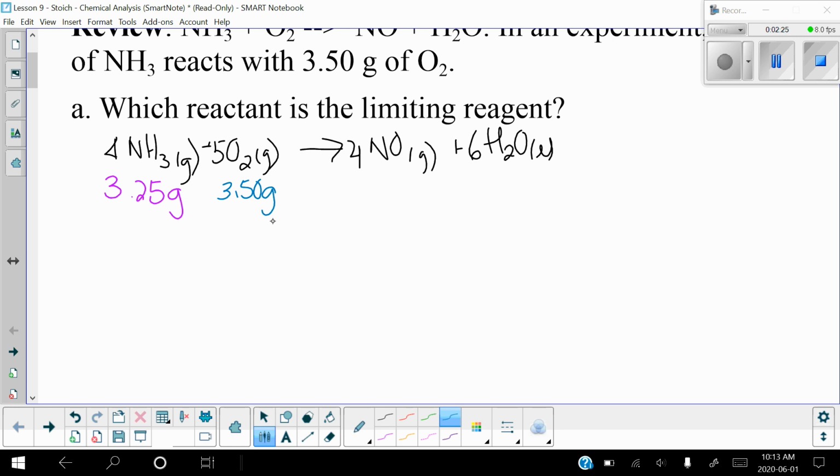Now we need to determine the initial input that both of these are putting in.